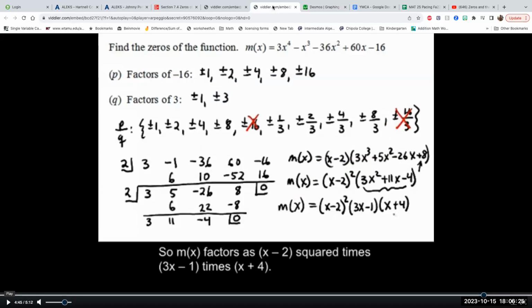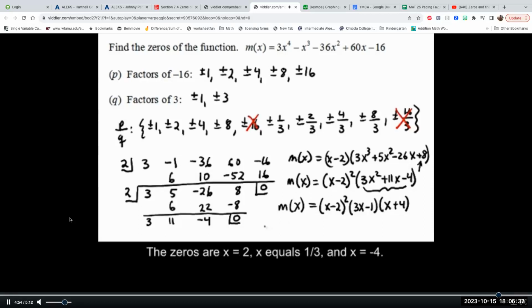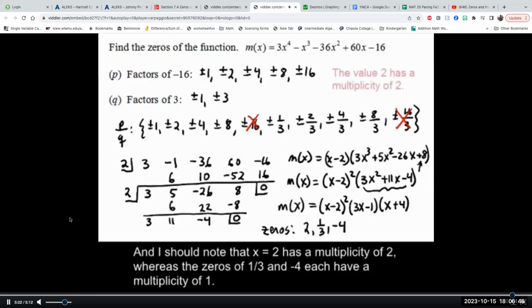So again, you can see the value of graphing it on decimals. Okay, so now with m of x factored, it's easy to solve the equation and identify the zeros. The zeros are x equals 2, x equals 1/3, and x equals -4. And I should note that x equals 2 has a multiplicity of 2, whereas the zeros 1/3 and -4 each have a multiplicity of 1.